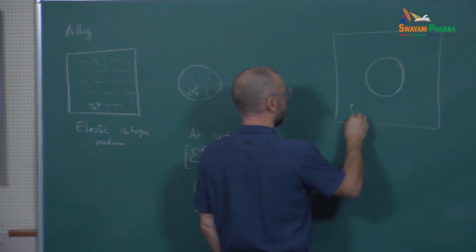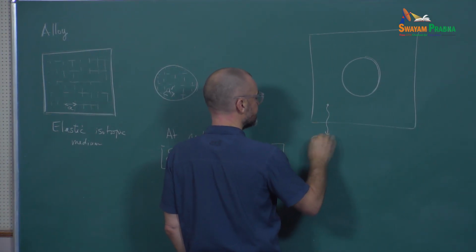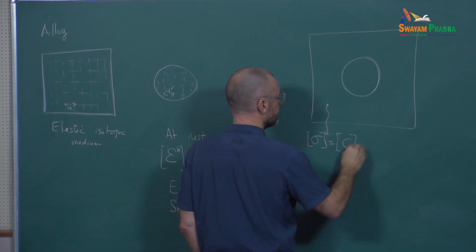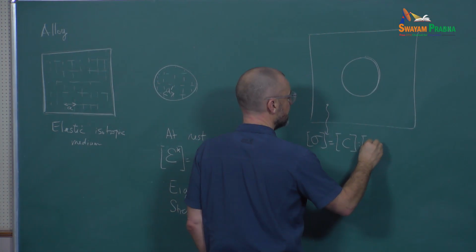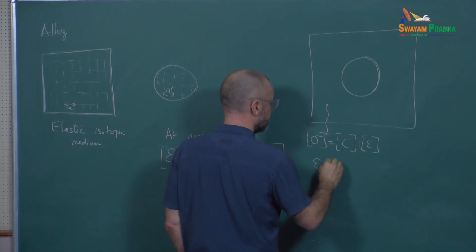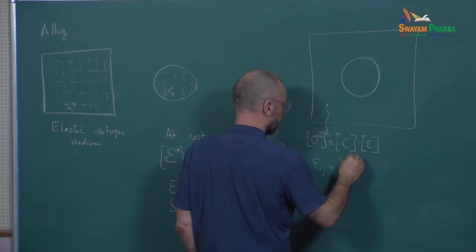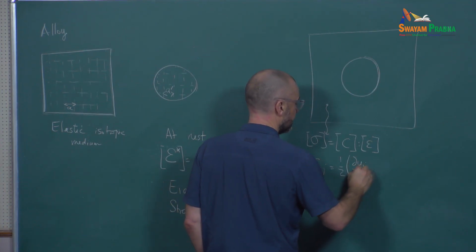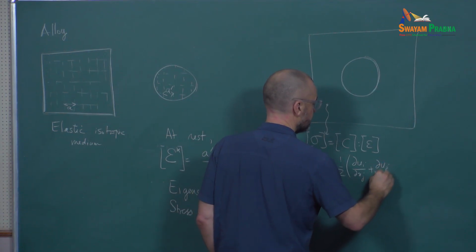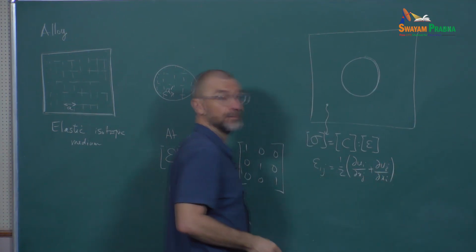So here I have the stress. In terms of tensors, the stress will be the elastic constants times the strain or deformation tensor, with the deformation tensor defined as before from the displacement, du_i/dx_j plus du_j/dx_i.